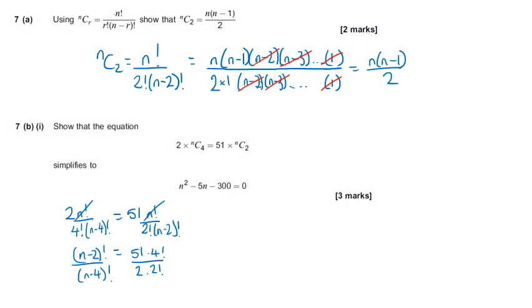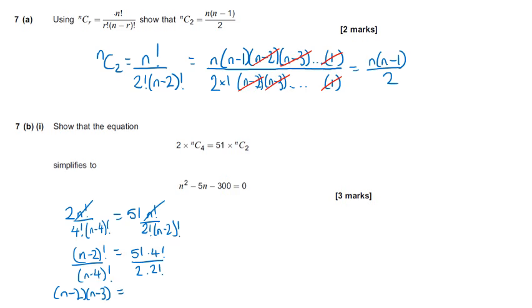Now, in the same way that we cancelled things out before, the only two terms that are going to remain on the left-hand side are going to be n minus 2 and n minus 3. All the other terms from n minus 4 onwards down to 1 will cancel above and below.